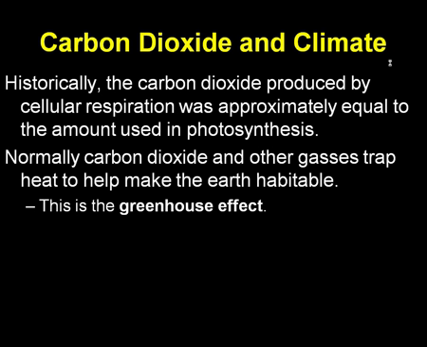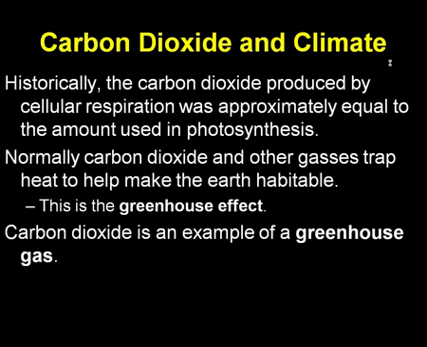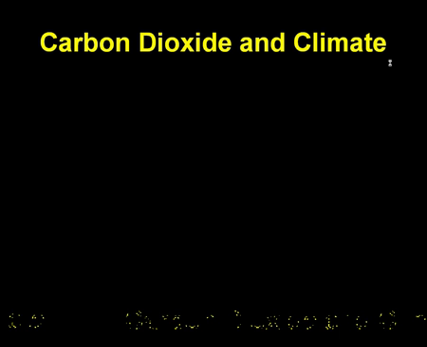We call that the greenhouse effect. It's like a greenhouse, the glass sides trapping the heat. Carbon dioxide, methane, and other greenhouse gases work like the glass panels in a greenhouse, and that's why we call carbon dioxide a greenhouse gas.